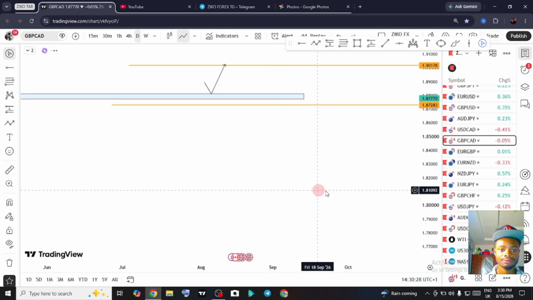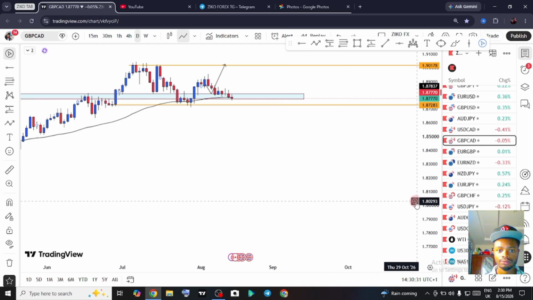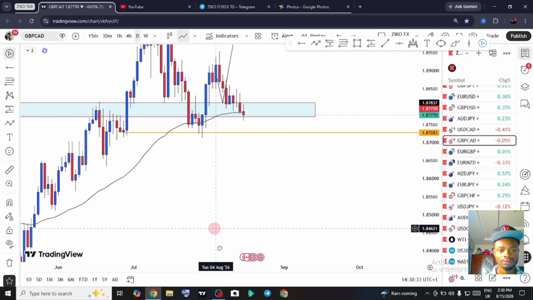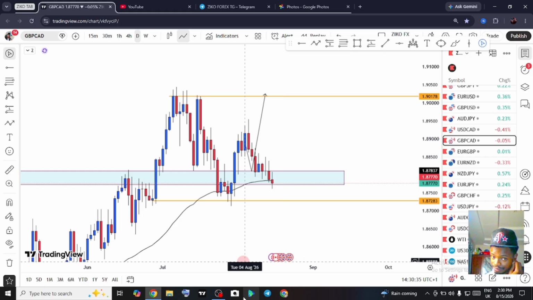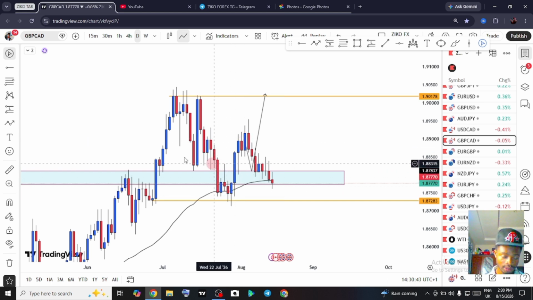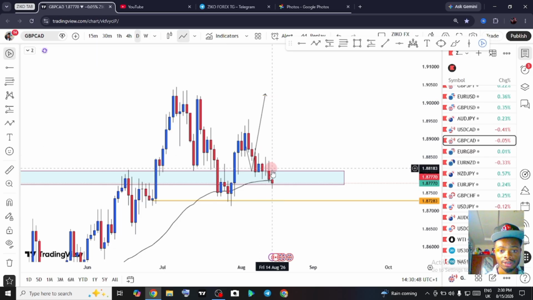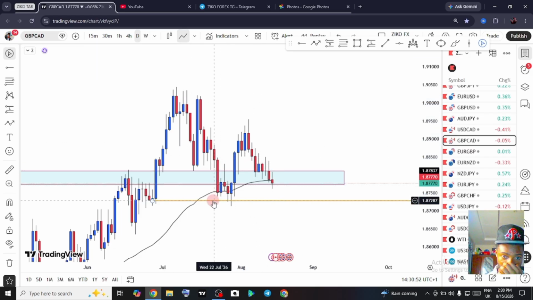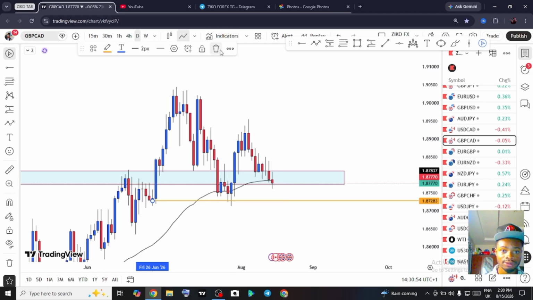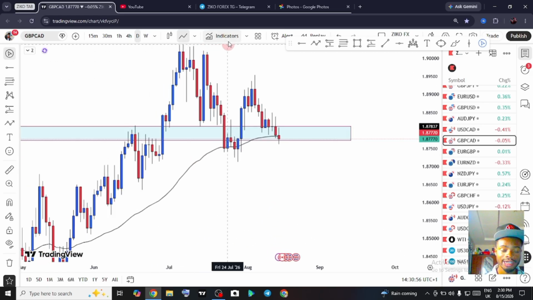Daily time frame, okay. Let us read this market structure. It's confusing right now, but I'll draw it so that we can both read it together, right? So we'll be starting from here where it's clean.